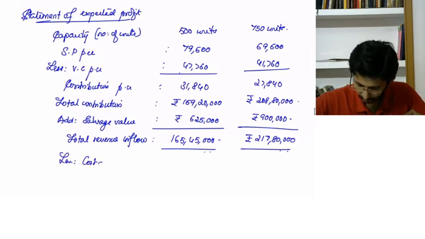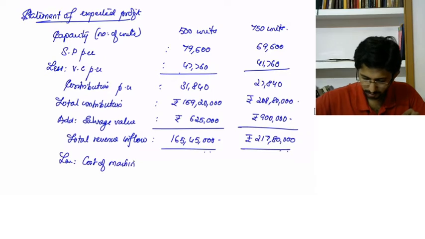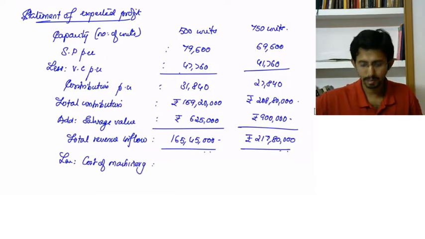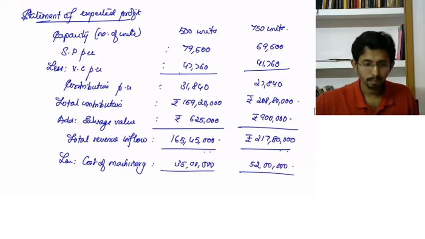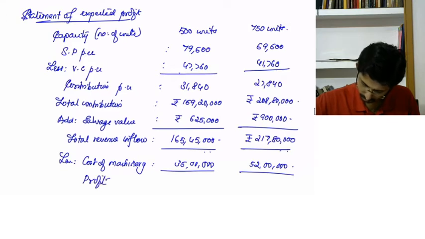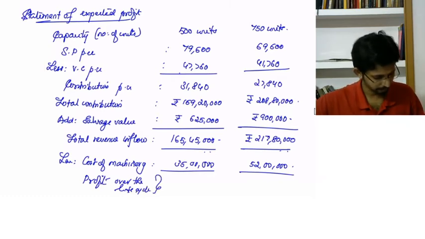Now less cost of machinery. Cost of machinery, here it is 35 lakh in the first case, and second case it is 52 lakh. Okay, so profit over the life cycle. 1,65,45,000 minus 35 lakh.